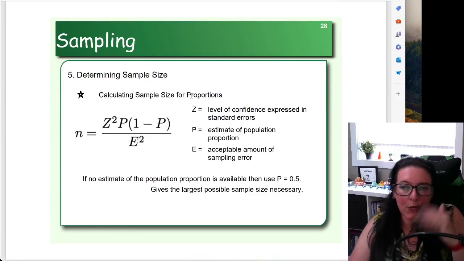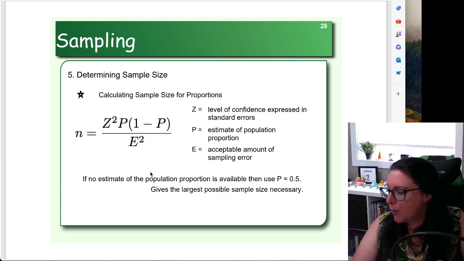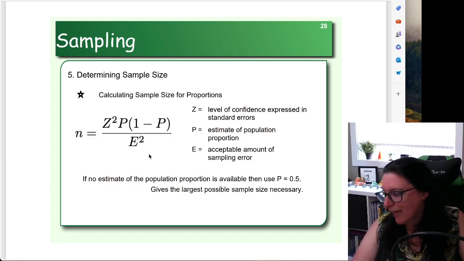So I refer you back to the video we had about sampling size and the difference between questions that are proportions questions, so we are going to summarize them with proportions. These are nominal type questions where we're identifying categories and then we're summarizing it based on what percentage fall in those different categories.